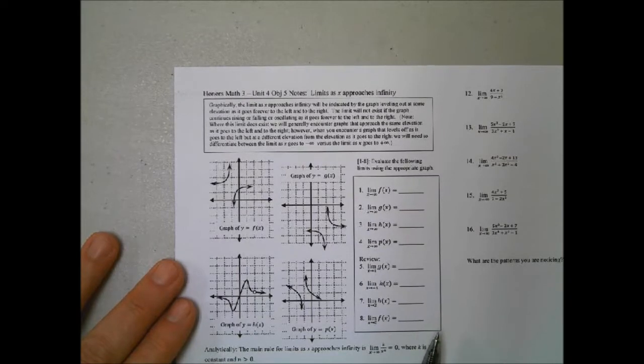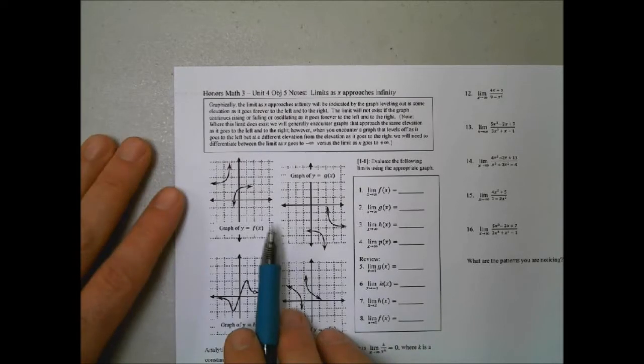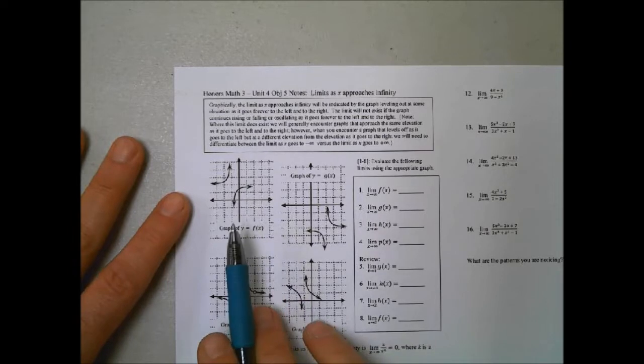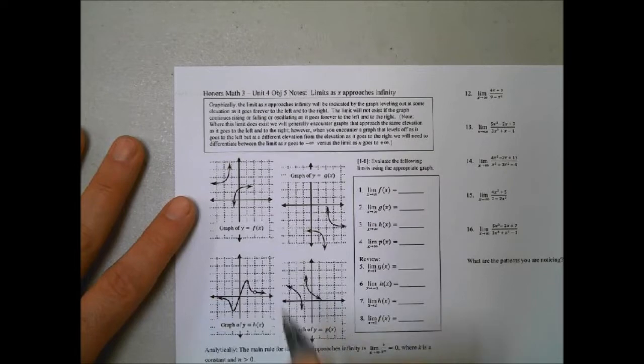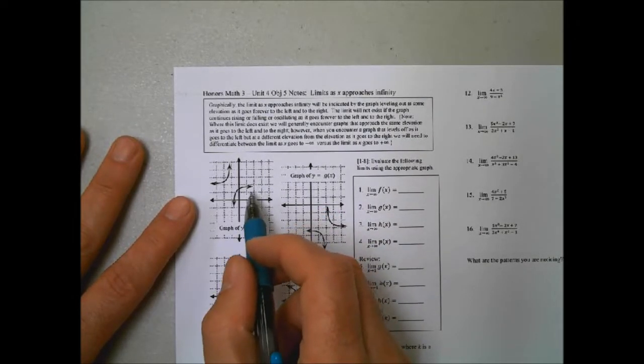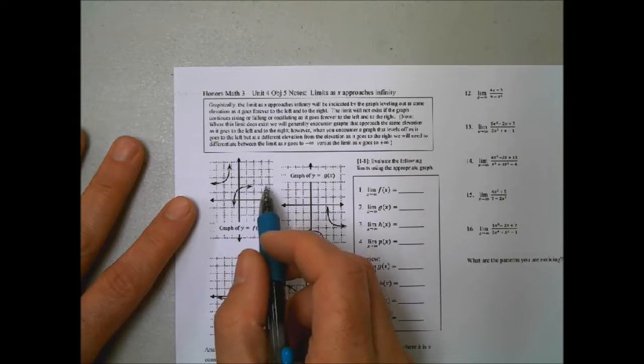Now graphically, essentially you're looking at the graph and you're trying to see if the graph levels off to a certain elevation as you're going to the left and the right forever. So for example, here on this first graph, the graph of y equals f of x, as we're going out to the right forever, isn't it seeming to level off at about elevation 2?